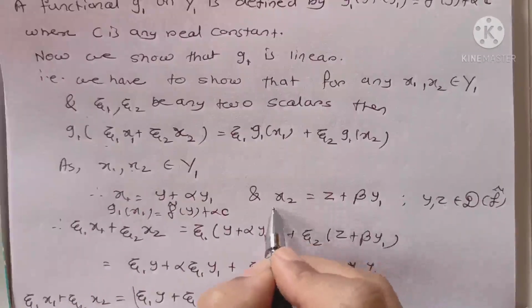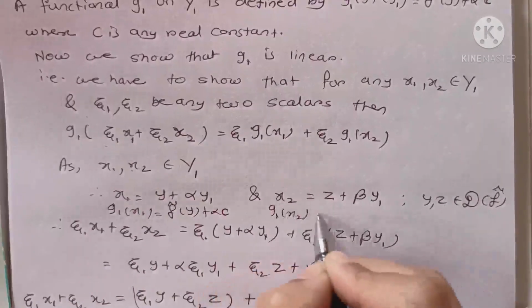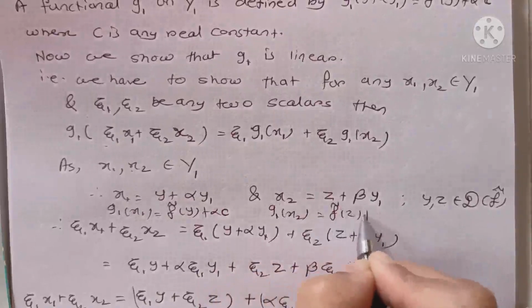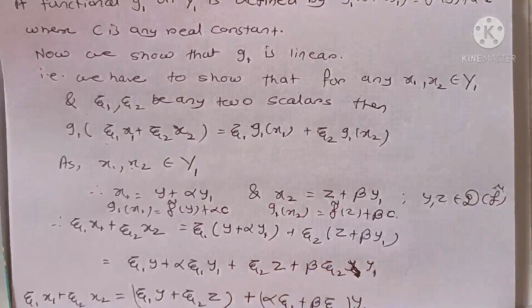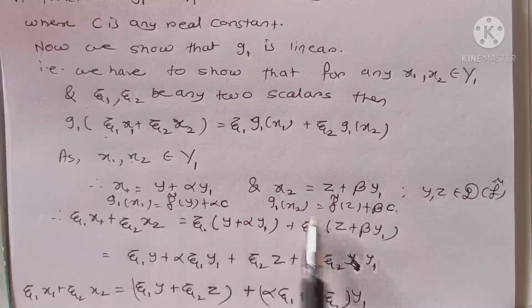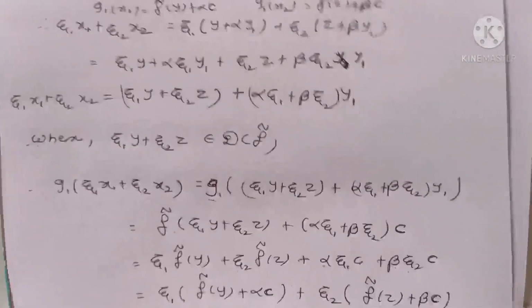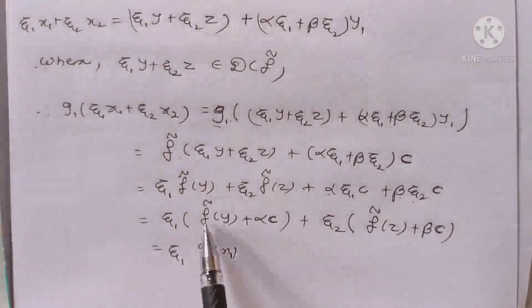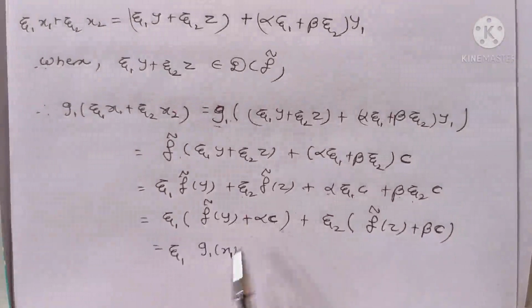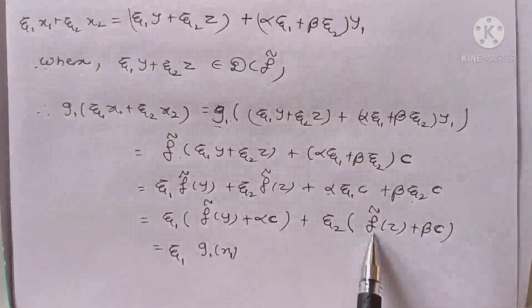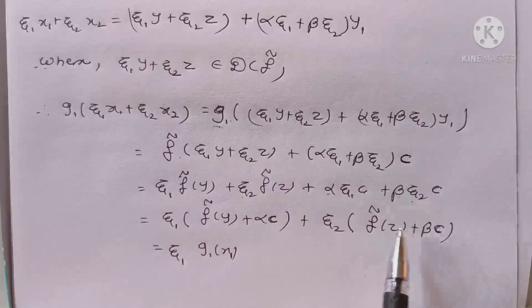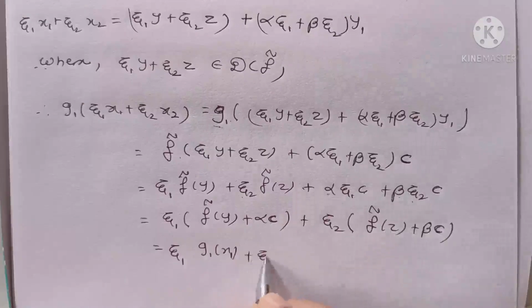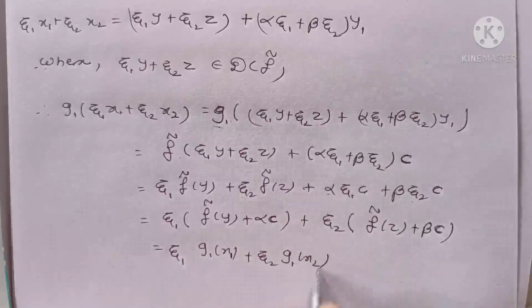In the same way, g1 of x2 is equal to f tilde of z plus beta c by definition of g1, and using these two we are saying that f tilde of y plus alpha c is equal to g1 of x1, and this is equal to xy1 g1 of x1 plus xy2 g1 of x2.